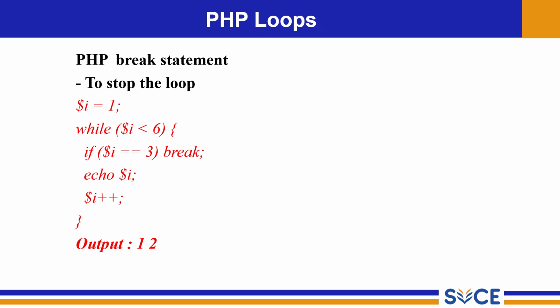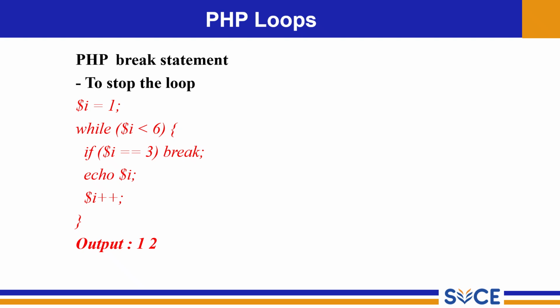Now we will see the step-by-step execution of the program. $i = 1 initializes the variable $i with the value of 1. While $i < 6, the loop will run as long as $i is less than 6. Inside the loop, if $i == 3, break.